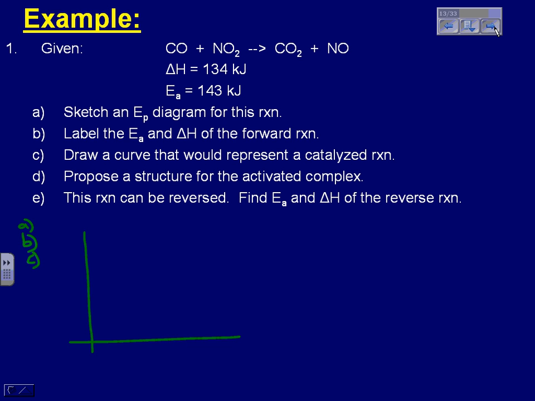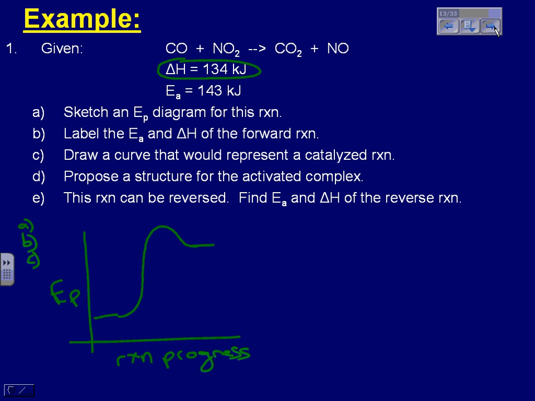Setting up my curve. Remember, this is reaction progress, and this is the potential energy. We want to get the axes correct. We see that the delta H is positive. That means it's endothermic, so I'm going to do something like this. The EA is 143. It has to be larger because we need a little extra to get up there.